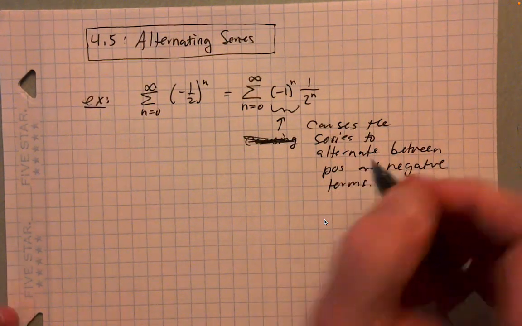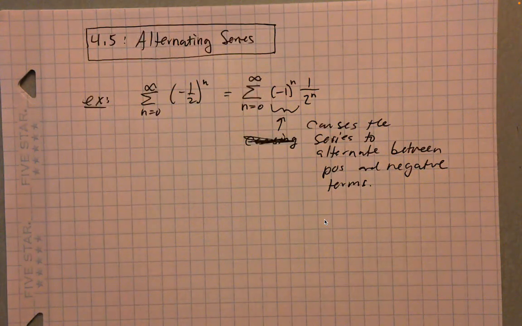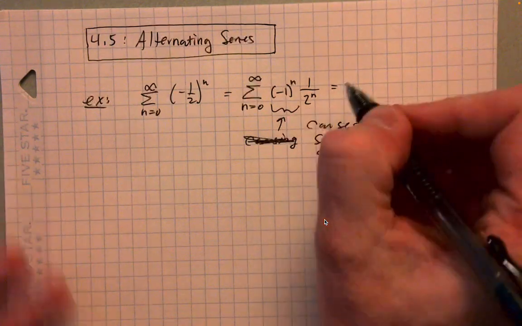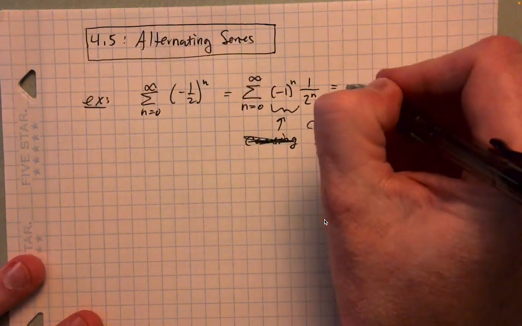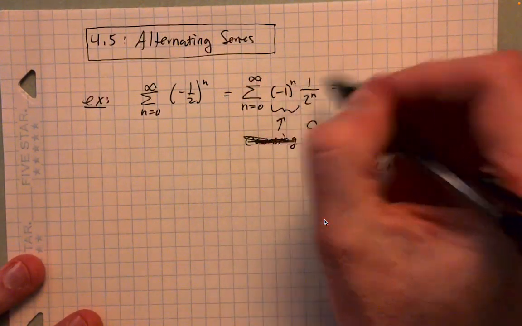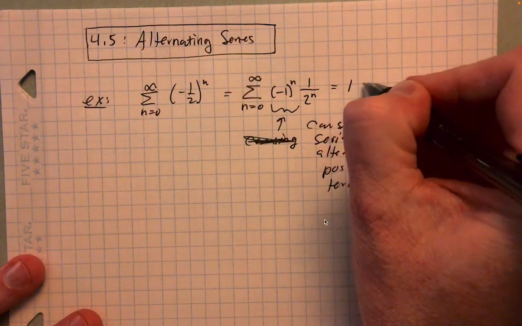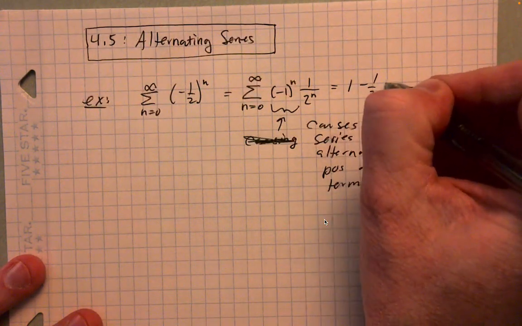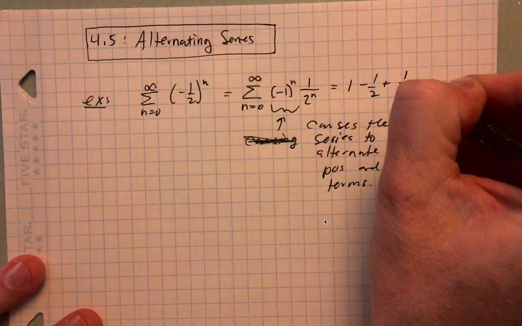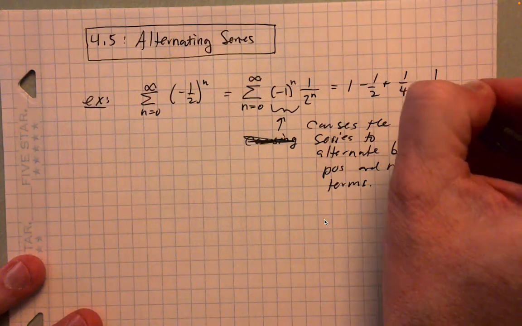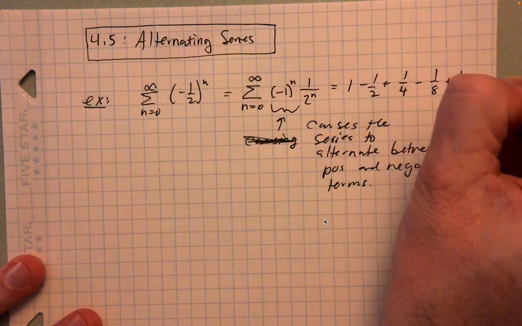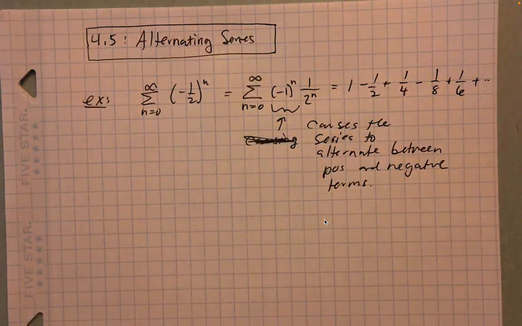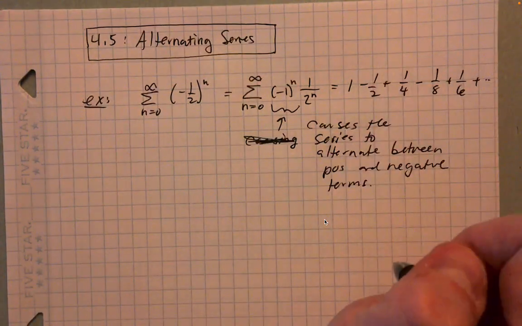Every other term is going to be positive, and every other term is going to be negative. So the first couple of terms: when n is equal to 0, negative 1 to 0 is just 1, so this would be 1, and then minus 1/2, plus 1/4, minus 1/8, plus 1/16, and so on. So you can see how they alternate.